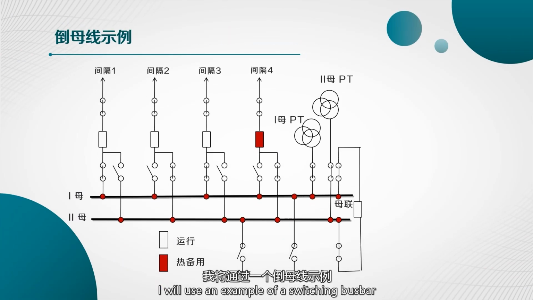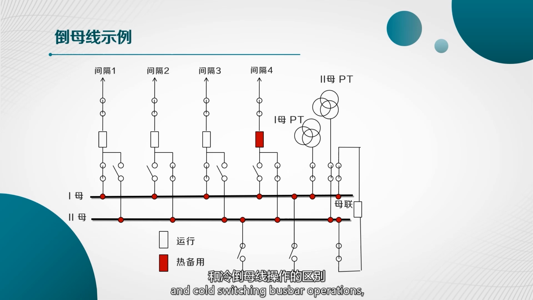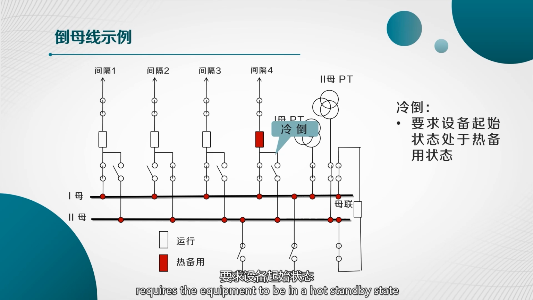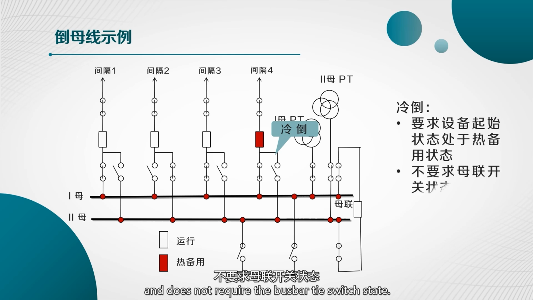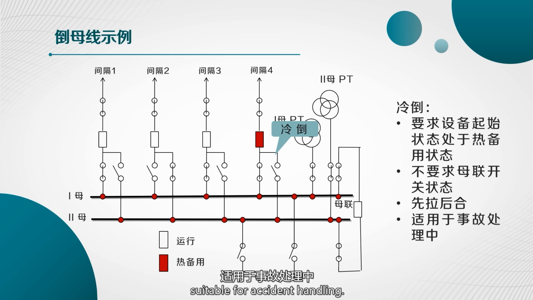Next, I will use an example of a switching busbar to understand the difference between hot switching busbar and cold switching busbar operations, and what situations apply to them respectively. Cold switching requires the equipment to be in a hot standby state at the beginning, and does not require the busbar tie switch state. Pull first and then close, suitable for accident handling.